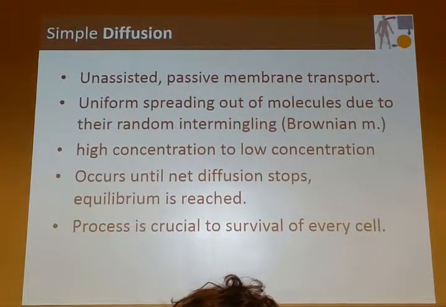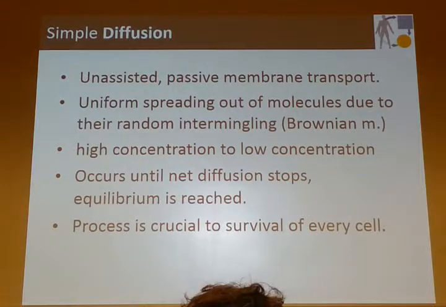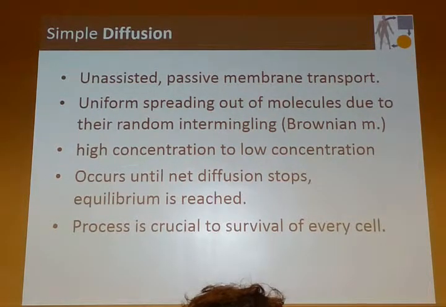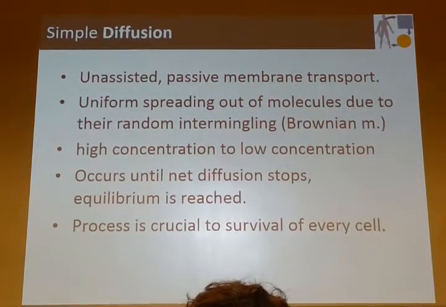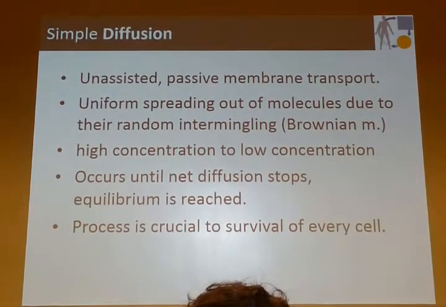Heat up the particles, they move faster, and they're more likely to hit that semi-permeable membrane and go across. So the higher the concentration, the more likely they're going to go across. Lower concentration, less contact with the membrane, so less likely to go across.